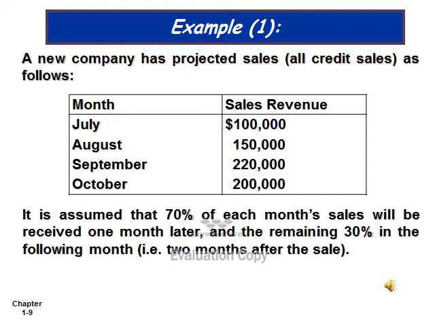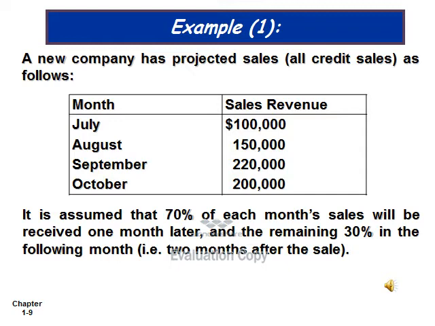Month from July to October, sales revenue 100,000, 150,000, 220,000, and 200,000. It's assumed that 70% of each month's sales will be received 1 month later, and the remaining 30% in the following month. That means 2 months after the sale.